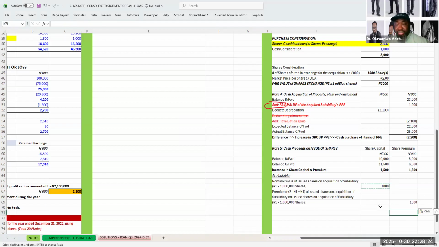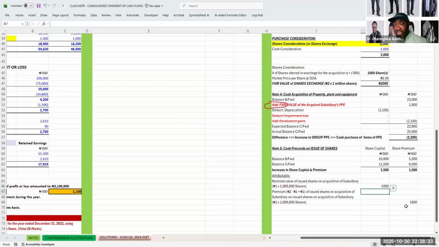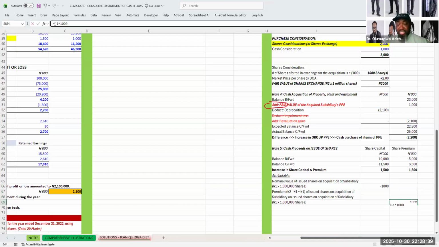Now, the question then is, once I remove this, what is left? Which means I've already accounted for 1,000 out of 1.5. And again, on this one, you have accounted for 1,000 out of 1.5.